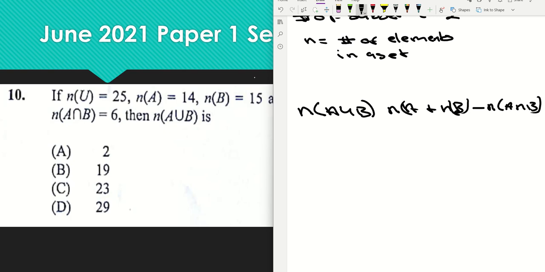Put in A is 40, B is 50, the intersection is 6. 40 plus 50 is 90, minus 6 is 84. So the answer for this would be C.